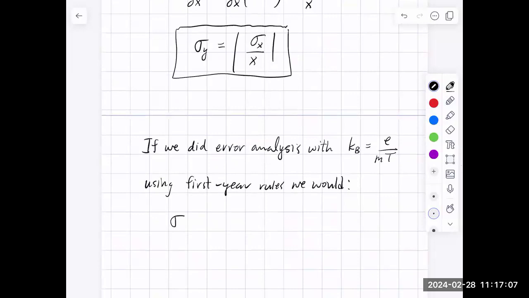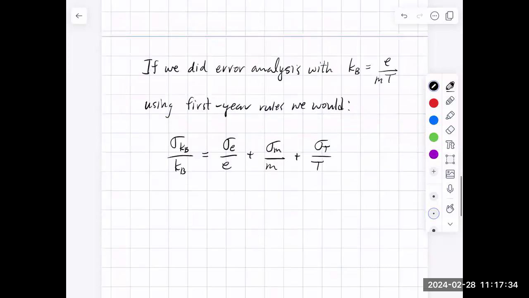We would say the uncertainty in Boltzmann's constant divided by Boltzmann's constant is equal to the uncertainty in E divided by E plus the uncertainty in M divided by M plus the uncertainty in T divided by T. Okay, so that's what we would do.